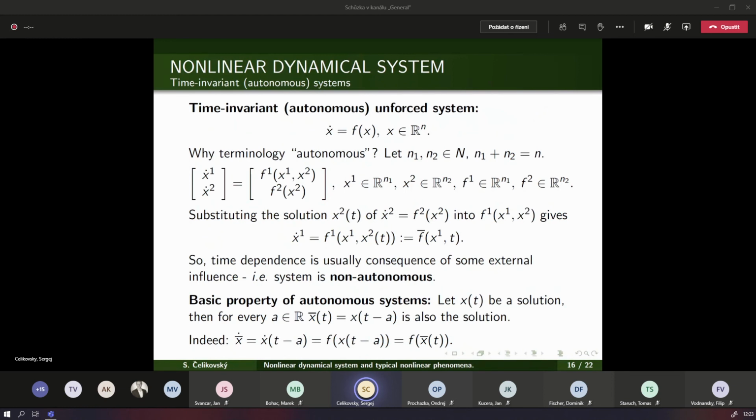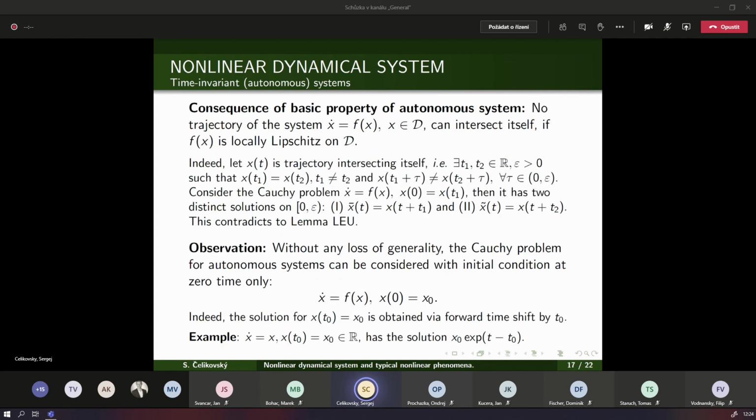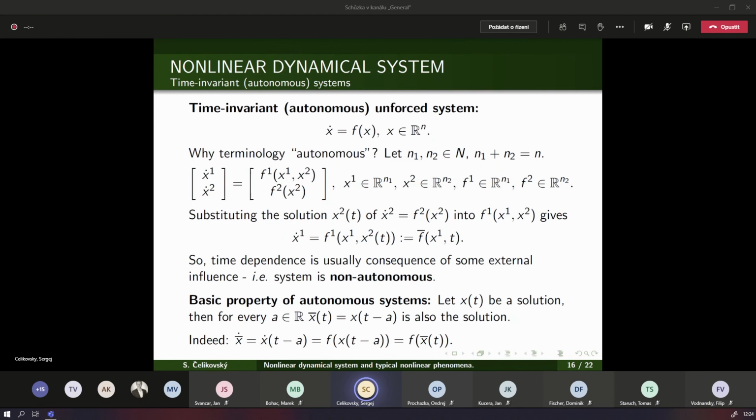Okay, so we still have a little bit of time, and we may now start. So next subtopic, which is concerned with more specific dynamical systems, and that is even better, the so-called time invariant or autonomous unforced systems.